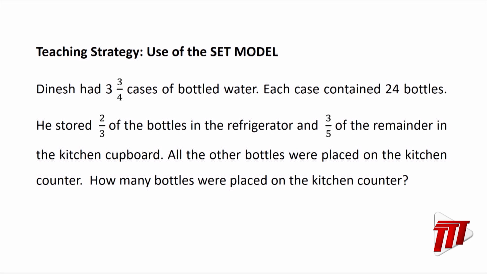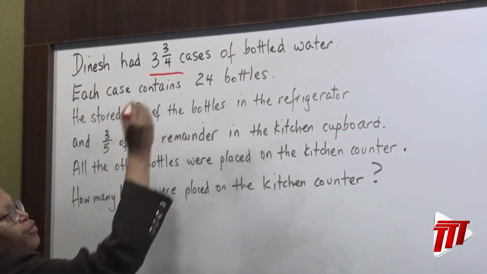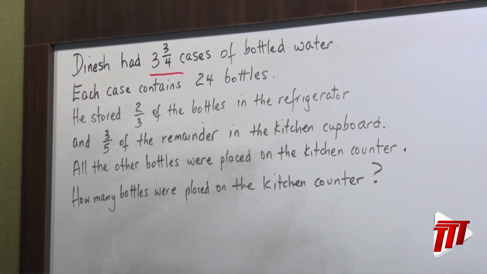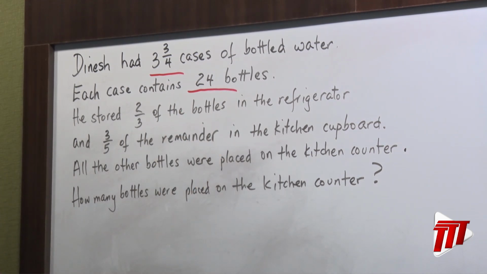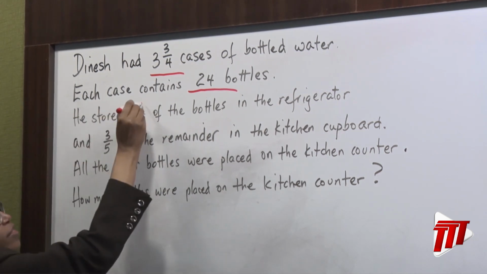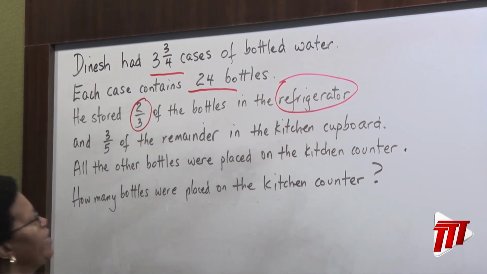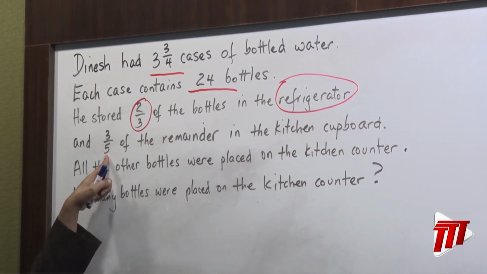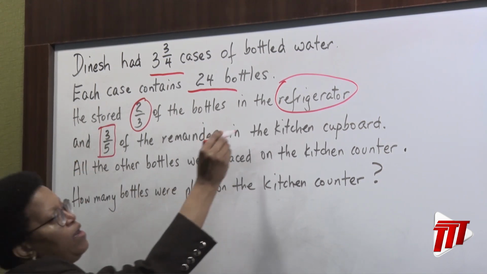We have a problem. We know that Dinesh had 3 3/4 cases of bottled water. We also know each case contains 24 bottles. Dinesh stored 2/3 of the bottles in the refrigerator. Dinesh then took 3/5 of the remainder and stored those in the kitchen cupboard.